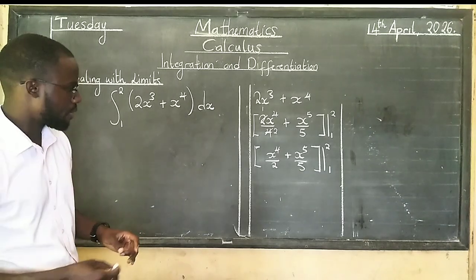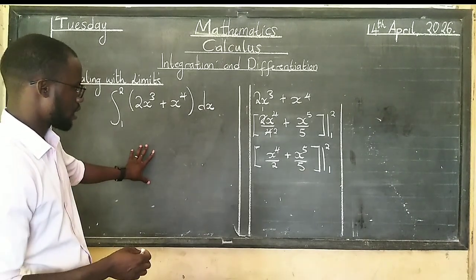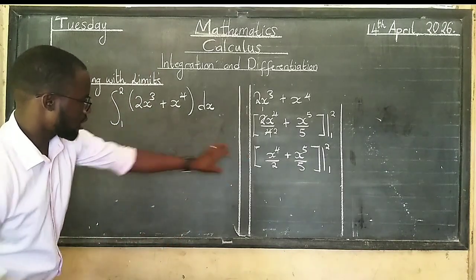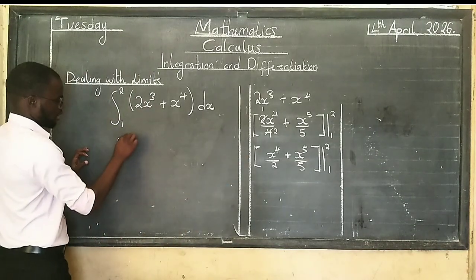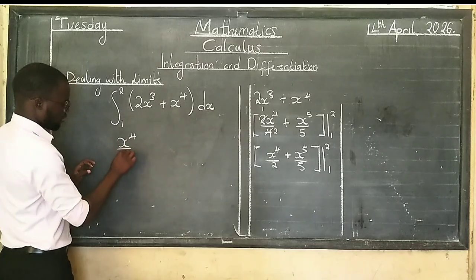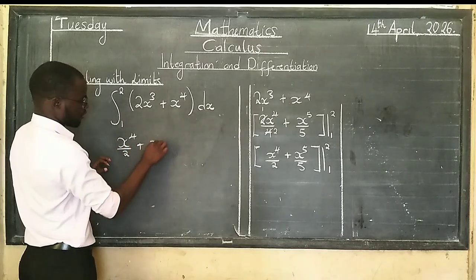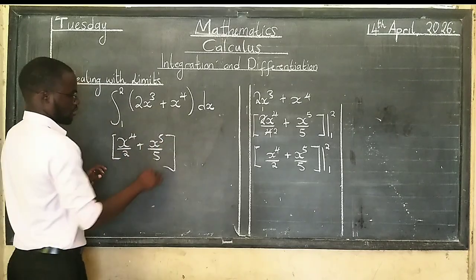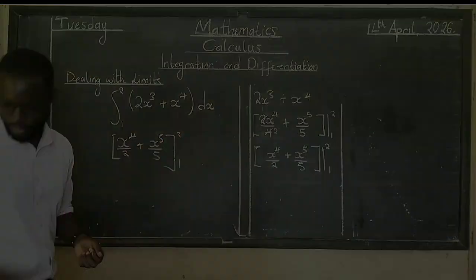Didn't plan this well, but I think we can deal with it here because of the limits. Okay, let me just take the answer. x to the power 4 over 2 plus x to the power 5 over 5. This is still 1.